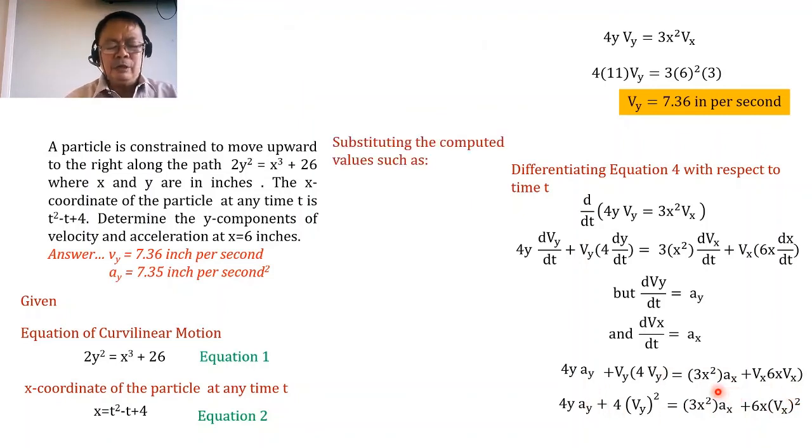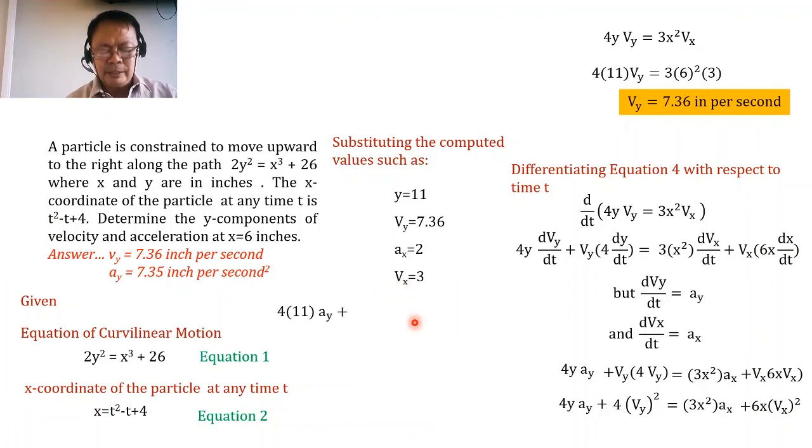So from here, kung sasubstitute natin yung lahat ng na-compute nating value, ano ba yun? Yung y natin equal to 11, yung ating v sub y which is just computed at 7.36, yung ating ax which is equal to 2, our vx which is equal to 3, therefore our equation becomes 4 times 11 multiplied by a sub y plus 4 multiplied by 7.36 representing v sub y squared equal to 3 times 6 squared multiplied by 2 plus 6 times 6 times 3 squared.